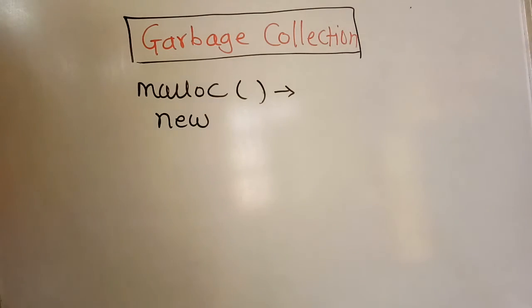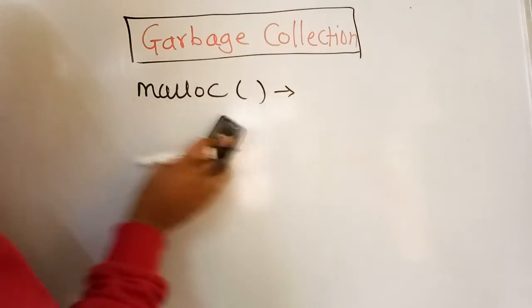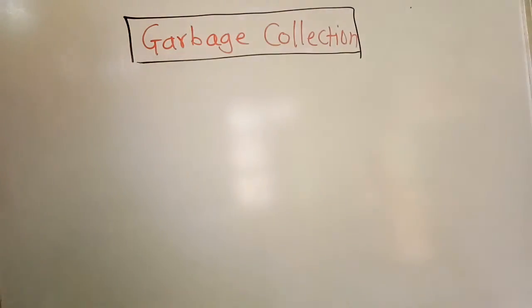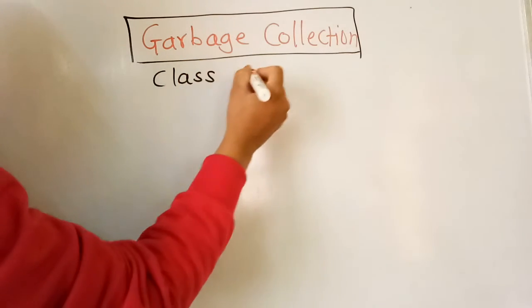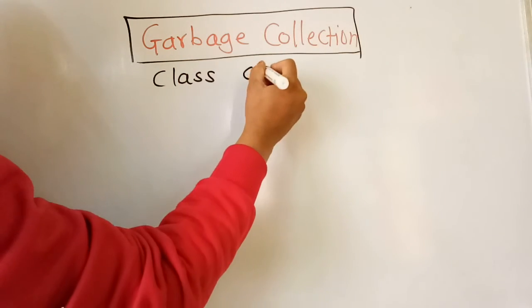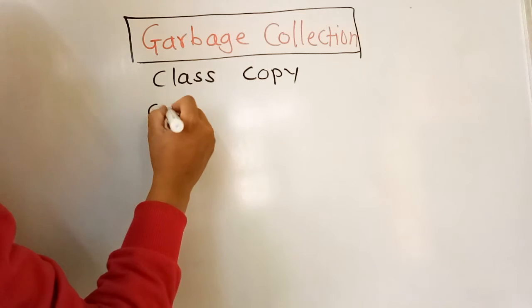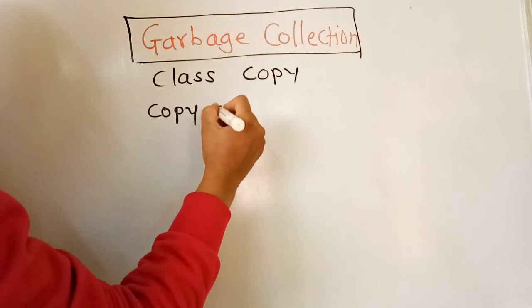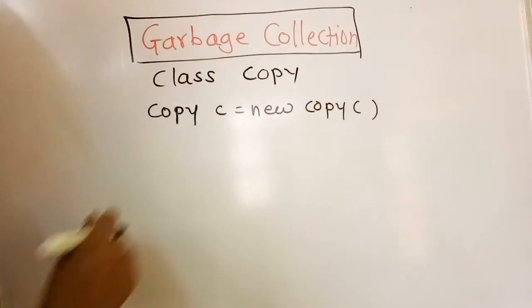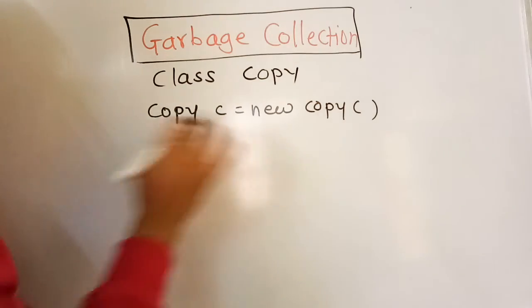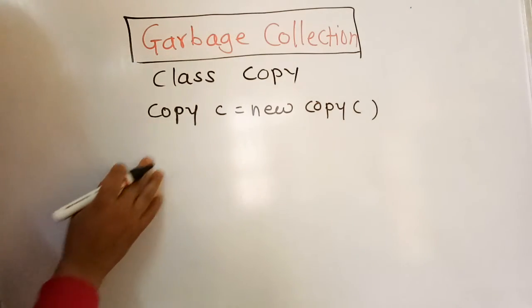For example, you have created one class, say class type C, for example, copy. Then you are creating an object of it: copy type C equals new copy. You have created the object, which means you have created the memory for it.